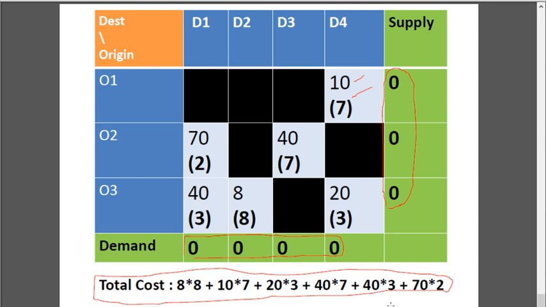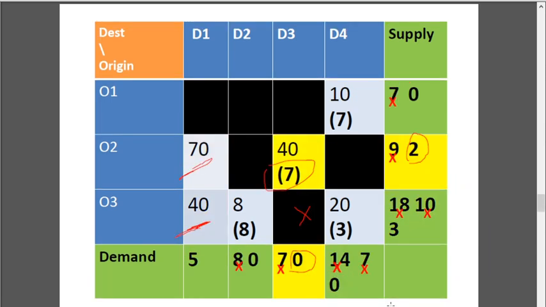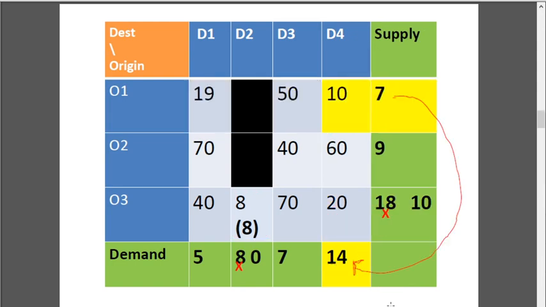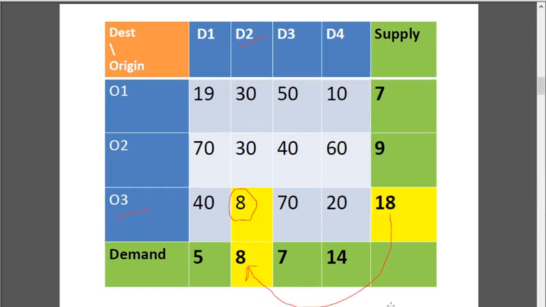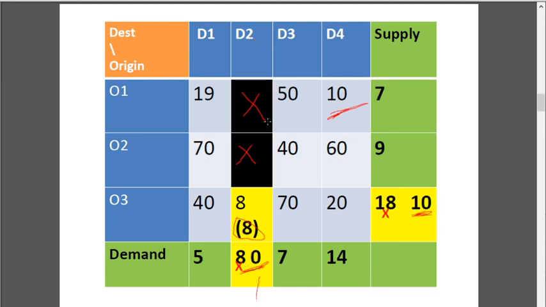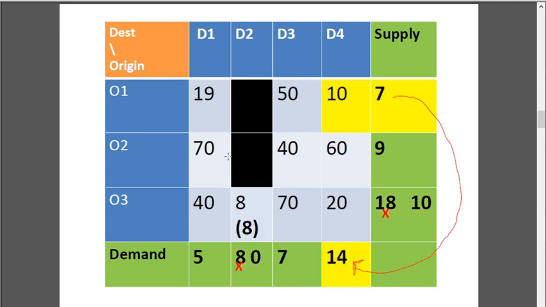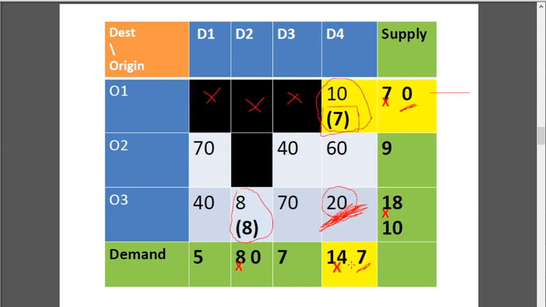So this is about the matrix minimum method. To have a quick recap here: out of all the cells, I will select the least cost cell. With the available supply, I will try to satisfy the demand. Once it has been processed, from the remaining cells, I will again select the next least, and again supply the demand.